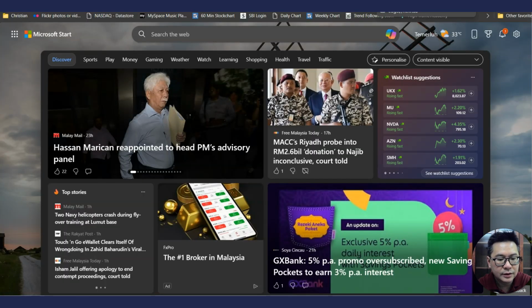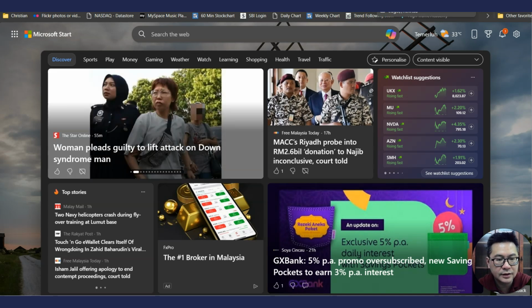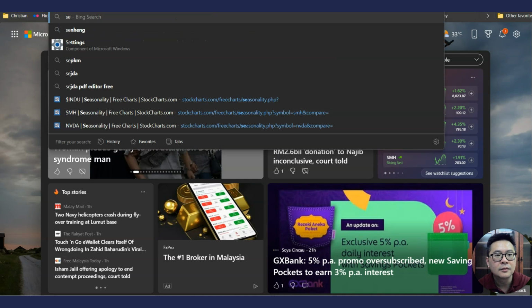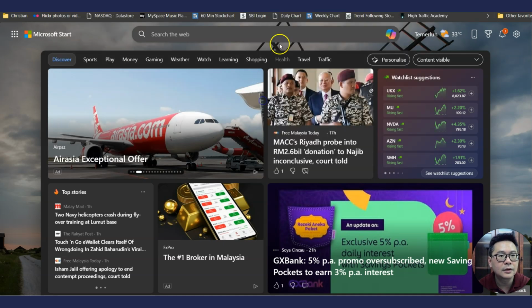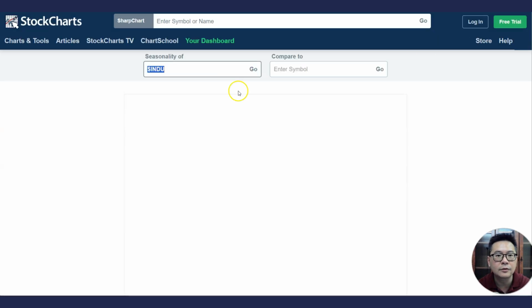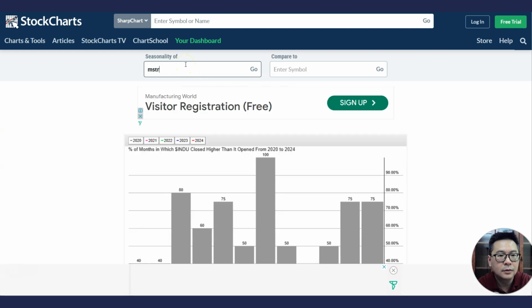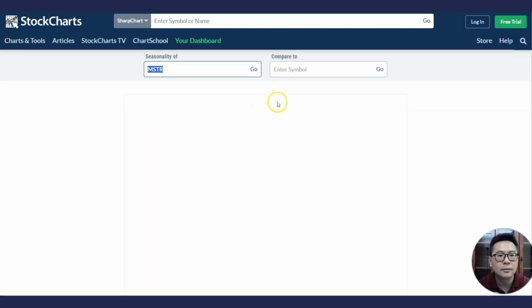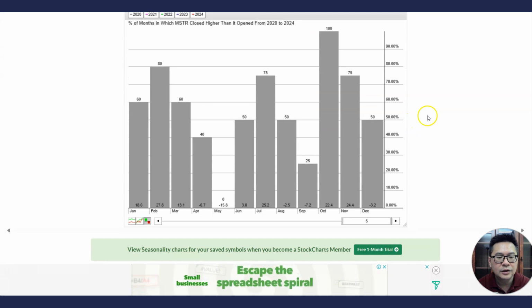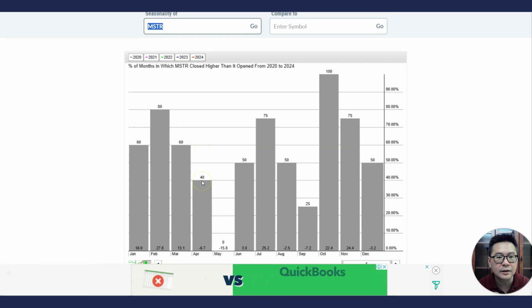Now let me just take a look at the seasonality chart of MicroStrategy. Now in April, MicroStrategy has only a 40% chance of closing higher than it opened.